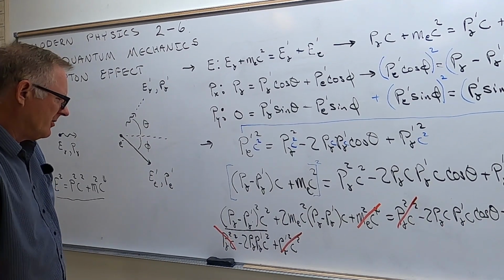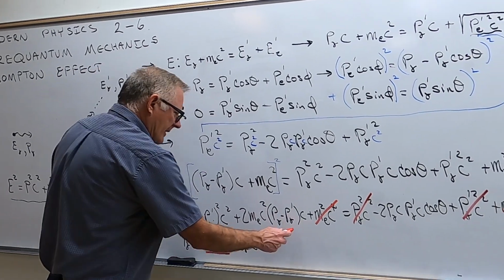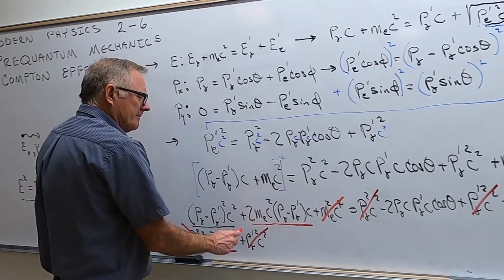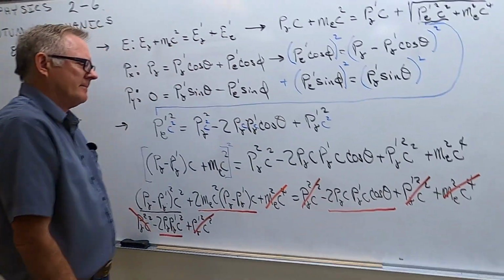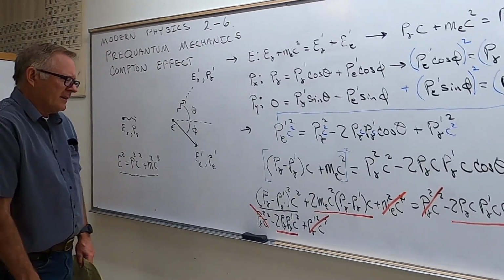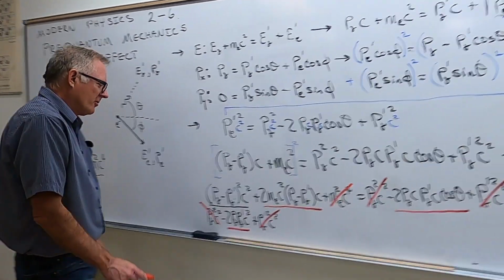So the only terms left are this term, all of that, and that right there. Well, all three of those terms have a 2 in them, so I can cancel the 2's.